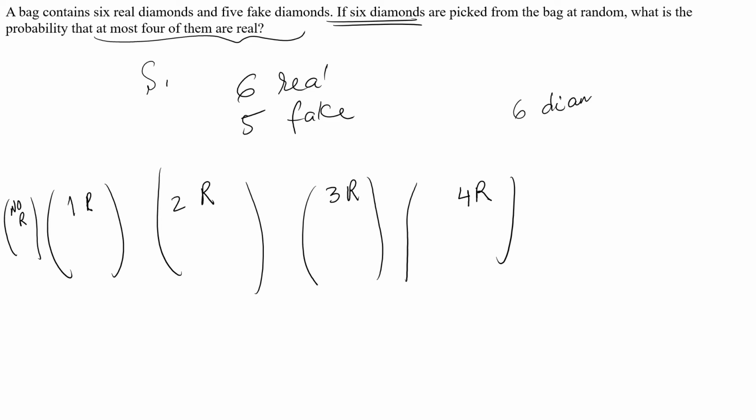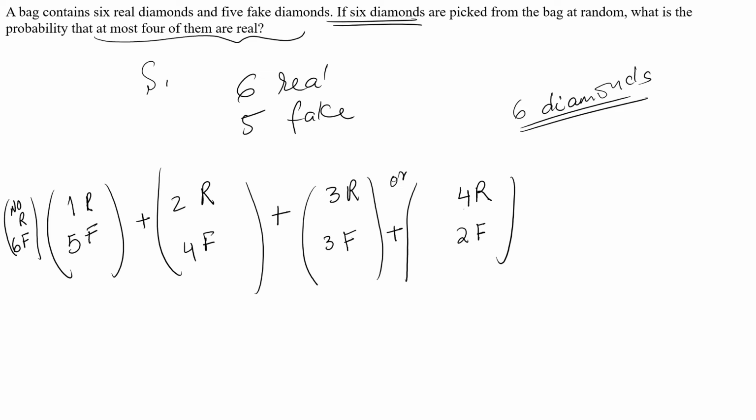If 4 are real, then 2 are fake. Or, if I'm saying or, it means I have to put the plus. Or if 3 are real, then 3 are fake. If 2 are real, then 4 are fake. If 1 is real, then 5 are fake. If none of them is real, then all 6 are fake. So this is the situation which they are asking us to find.